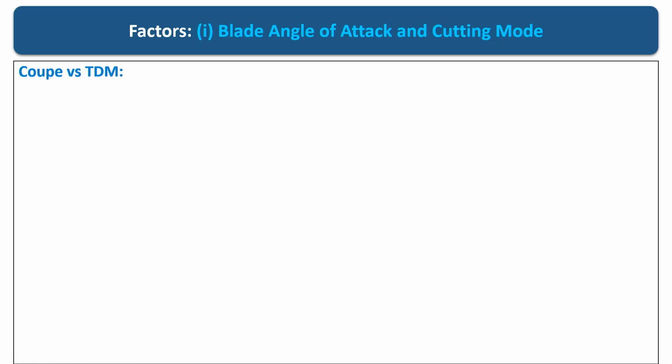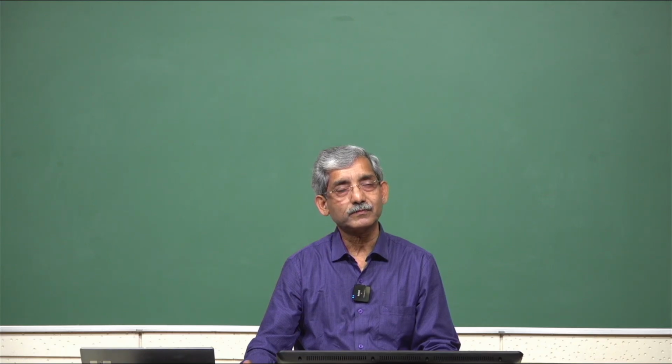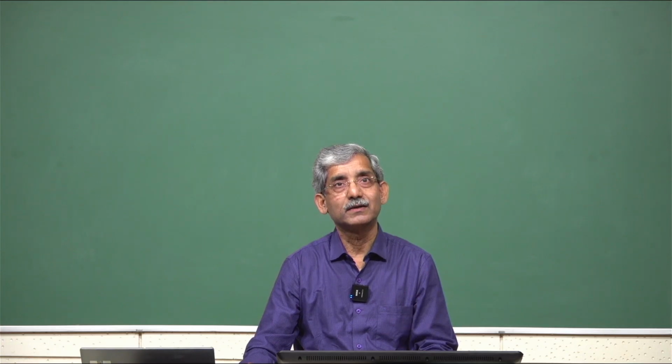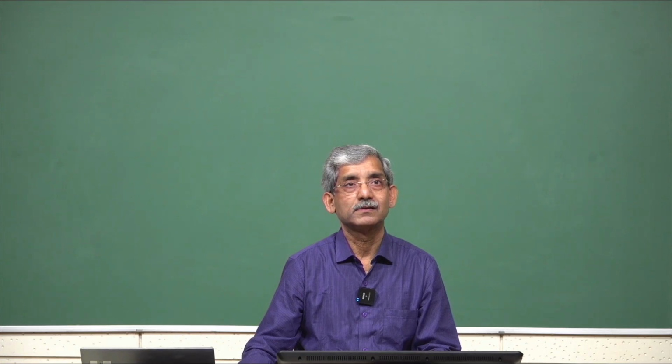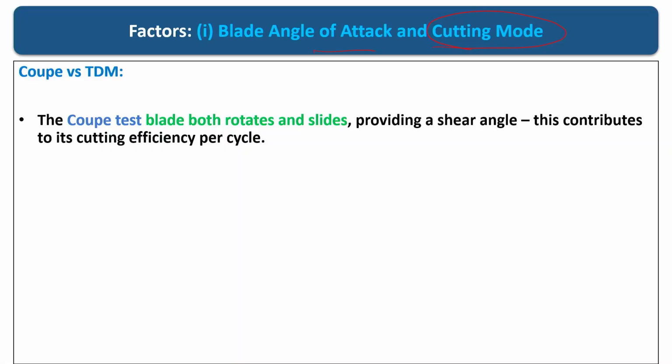Now, regarding angle of attack, or mode of cut, like the TDM and coupe methods, their modes of cut are entirely different, because in TDM the straight blade moves to and fro, but in the coupe method it is rotating at high speed. In the coupe test, the blade both rotates and slides, providing a shear angle.